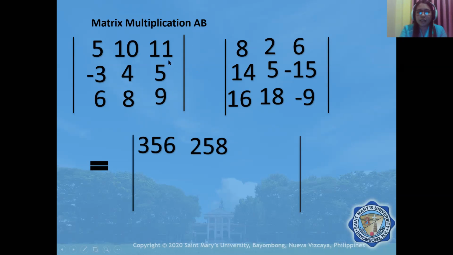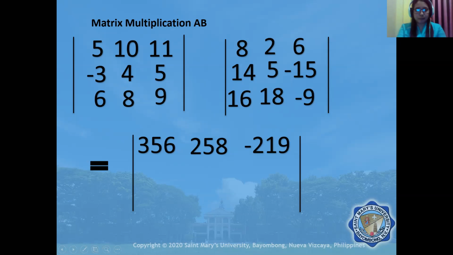And then in our third column here, we have 5 times 10 plus 10 times a negative 15 plus 11 times negative 9. So it is a negative 209.